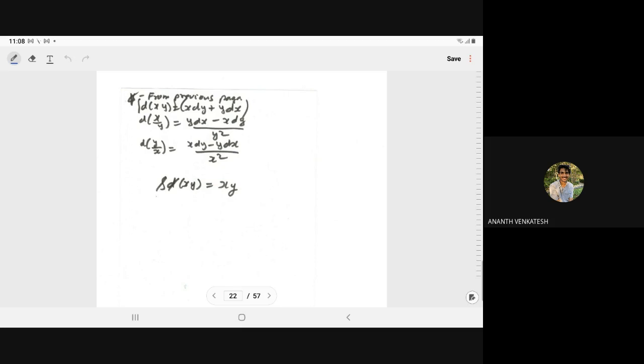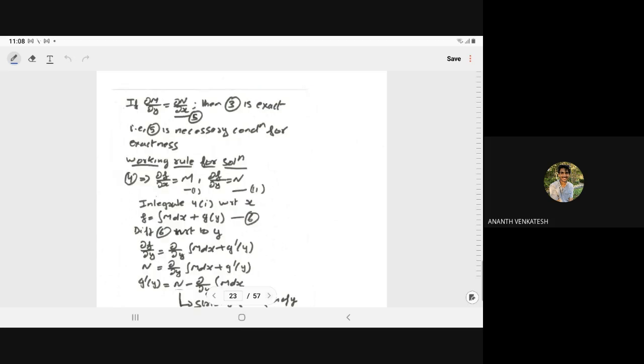So here, if del m by del y is equal to del n by del x, then m dx plus n dy is termed an exact equation. So this is your necessary condition.